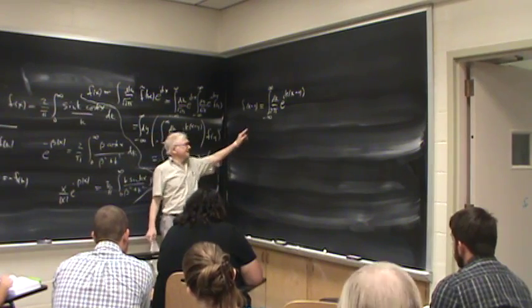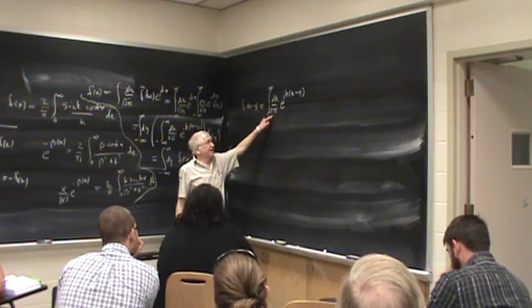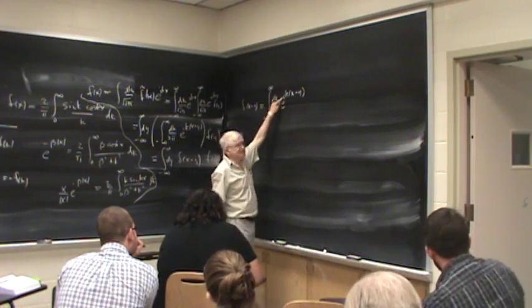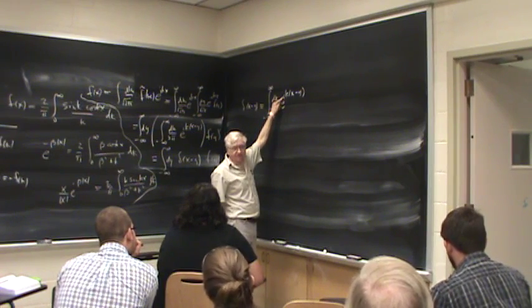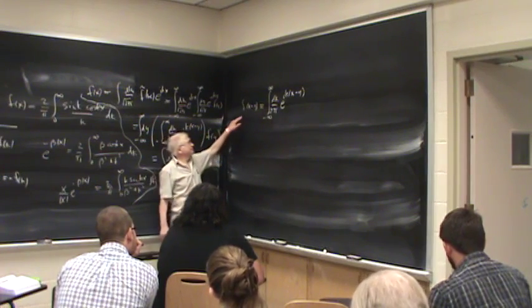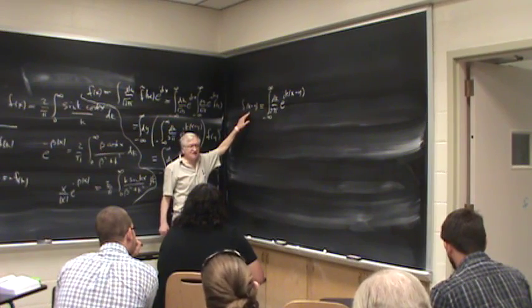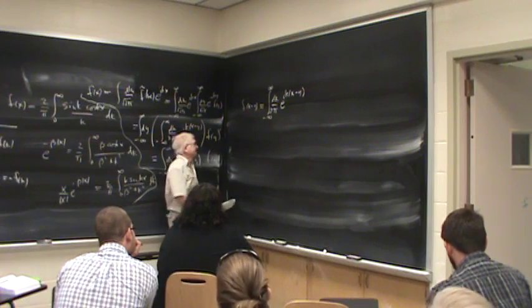Now, in this case, the 2 pi has to be there. Secondly, the plus sign here could have been minus, it doesn't matter. That's consistent with the fact that the delta function is positive, and in fact it's an even function.